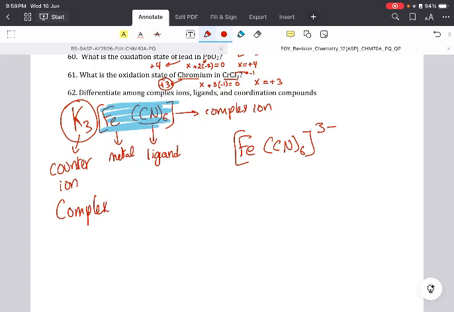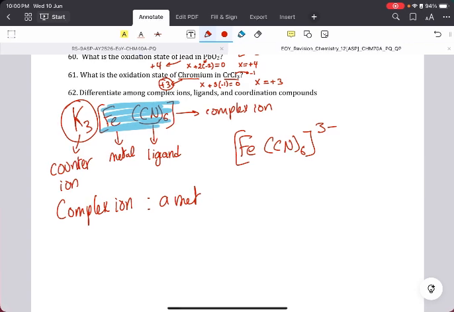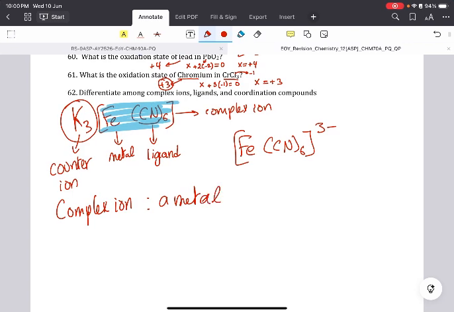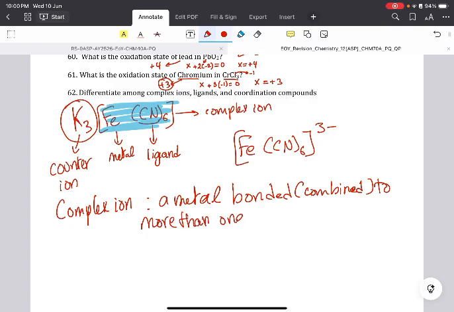So a complex ion is usually a metal that is bonded, or you can say combined, to more than one molecule or an anion.